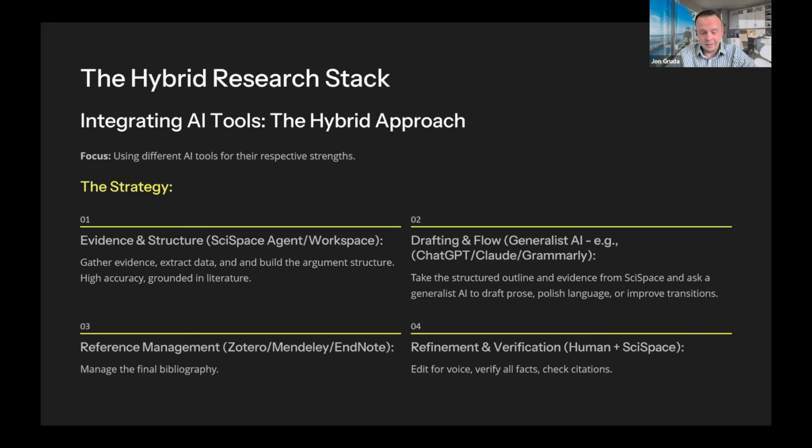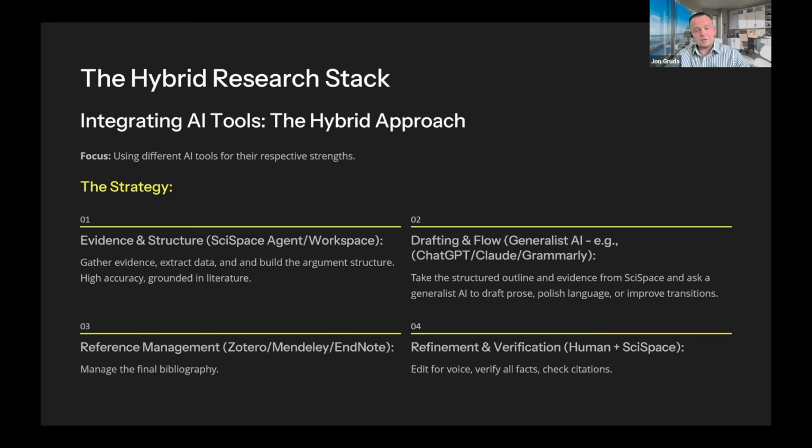And then what do you do with this? So you have this generated intro and theory background. You can take that now, if you want, and put it into a generalist AI tool, which is really good at rewriting things and summarizing things, and use it to improve the writing.